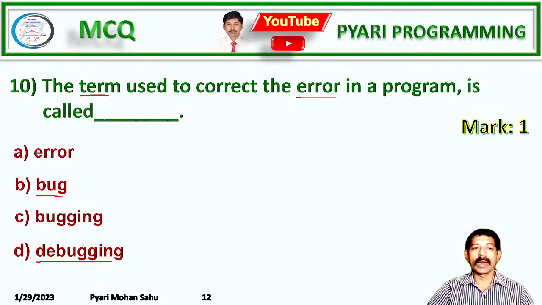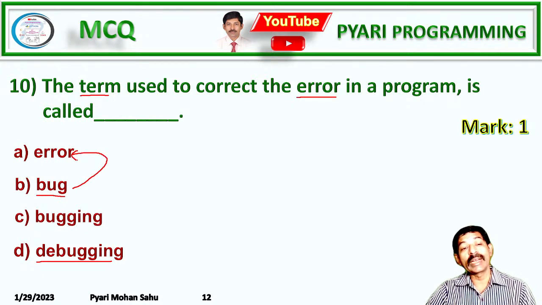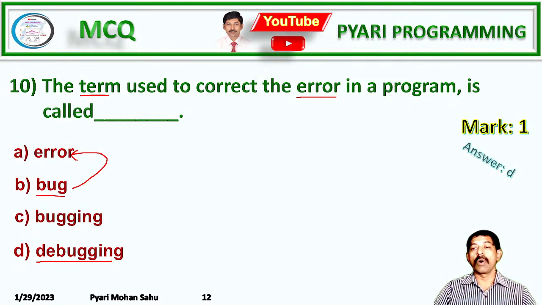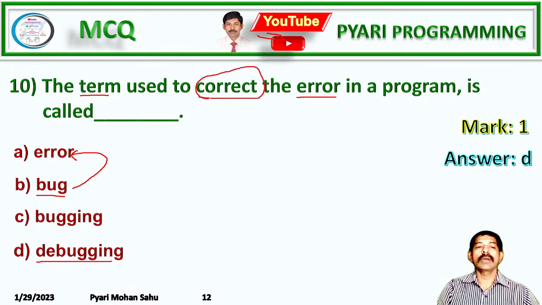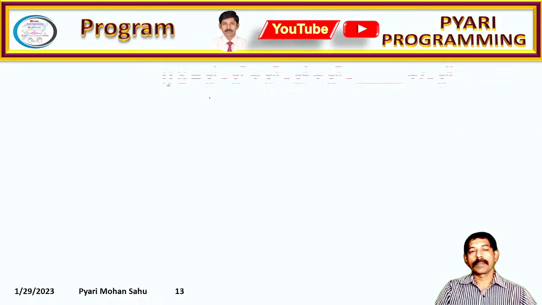Bug is your error. But the process of rectifying an error is called debugging. It is talking about rectifying, correcting. Look over here, we have to emphasize what it is talking about. It's going to correct the error. Because of that reason, the answer is debugging.